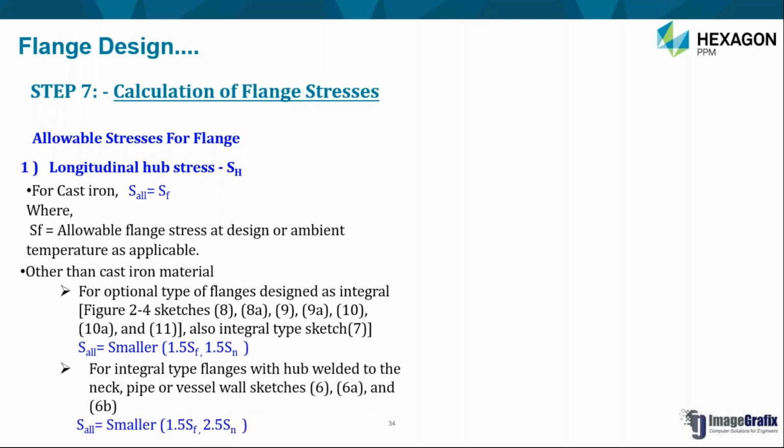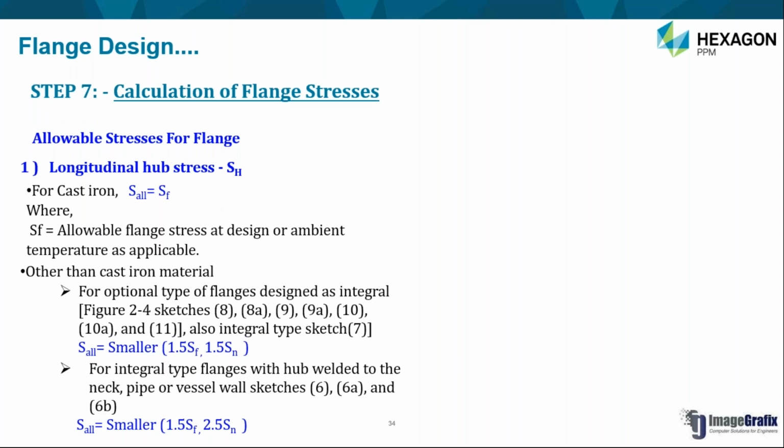Then when we are using the integral type of flanges, there are two configurations. One is your figure 7, what we have seen over there, where there was no butt joint, and all the optional type of flanges we designed as integral type of flanges. As we know, the construction of that flange or the type of welding has a bevel along with the groove weld, okay, or a groove along with the fillet kind of construction.